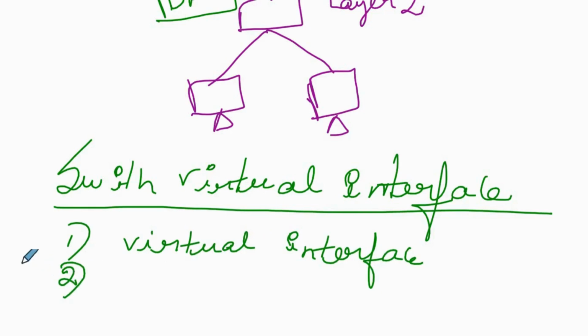You can assign IP addresses in a multi-layer switch. Configure each PC to use the switch virtual interface, not the router, as the gateway address.